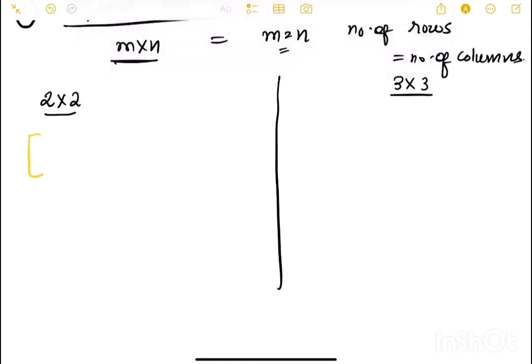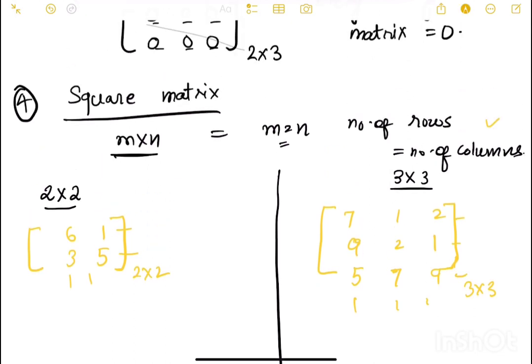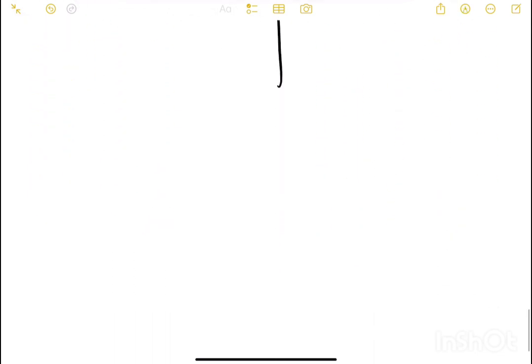So in a 2 cross 2 matrix, let us assume this is my matrix. I have 2 rows and 2 columns. This is 2 cross 2. And in 3 cross 3, let it be like this. I have 3 rows and 3 columns. The order is 3 cross 3. So it's just this basic thing that the number of rows will be equal to the number of columns, right?